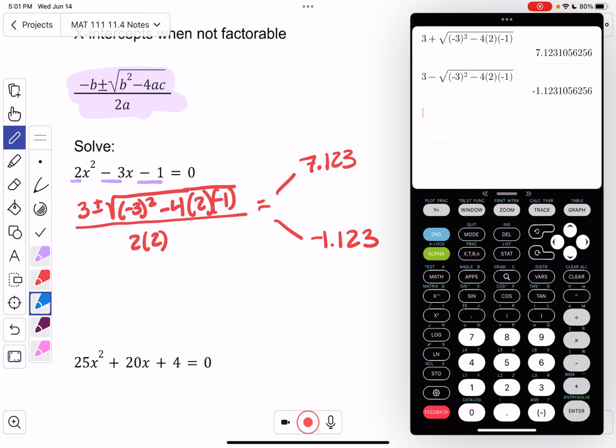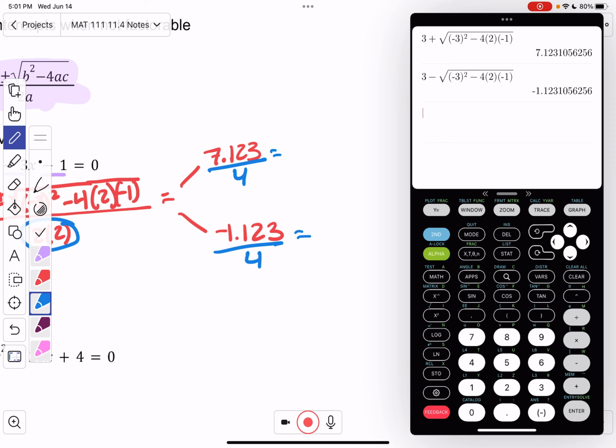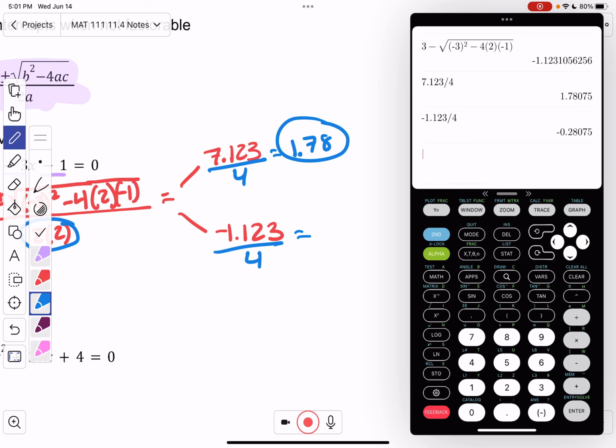That's the top. Now the bottom is 2 times 2, so we have to divide both of those by 4. 7.123 divided by 4 is 1.78. And negative 1.123 divided by 4 is negative 0.28.